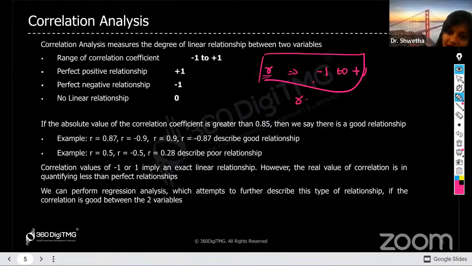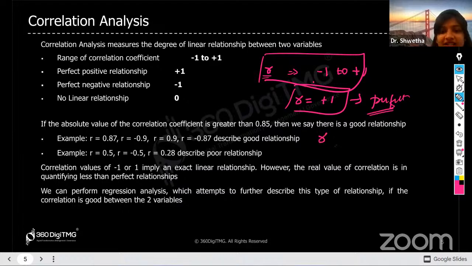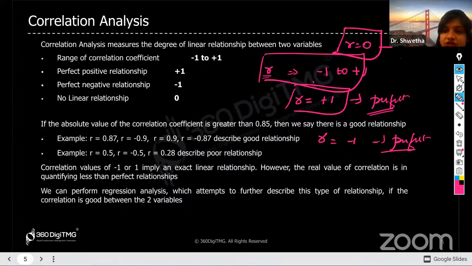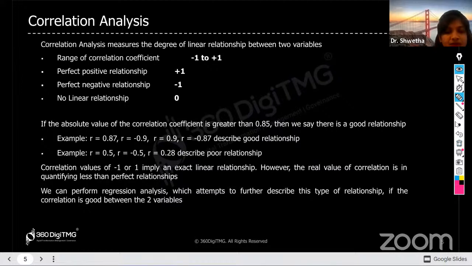If the r value is almost near +1, then it is a perfect positive relationship. The strength is very high. Whereas if it is -1, it is a perfect negative relationship. If the r value is 0, then there is no relationship between them.